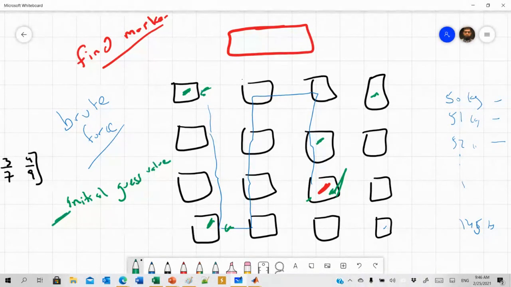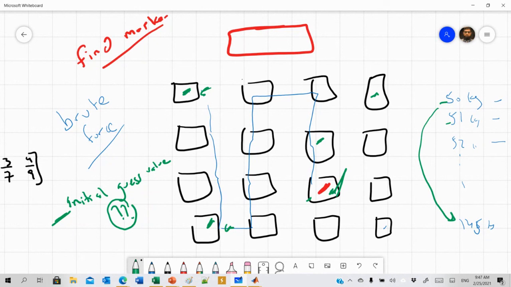Now, this did not match our criteria, did not give us the solution. What should be my new guess value now? The different methods that we have differ in how we are going to find the new guess value, how to change the guess value. Do I go from 50 to 51, or can I jump faster to reach the solution? How am I going to change my values? The different methods differ in these techniques.